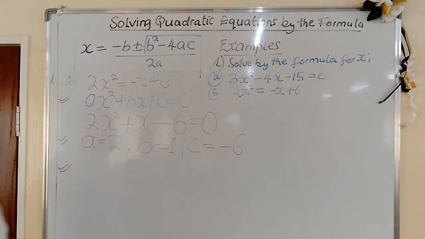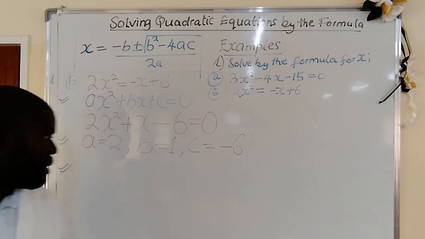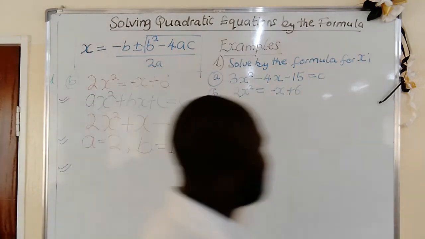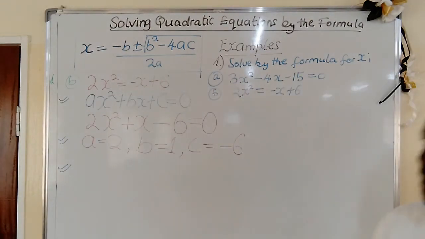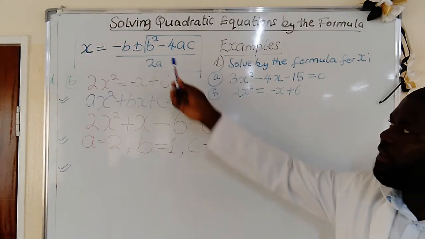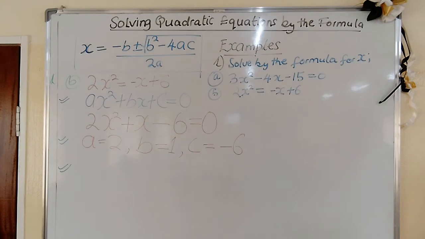Okay, so we know the values of a, b, and c. Once the values of a, b, and c are known, we now need to substitute into the formula. The formula is here, so let us substitute.